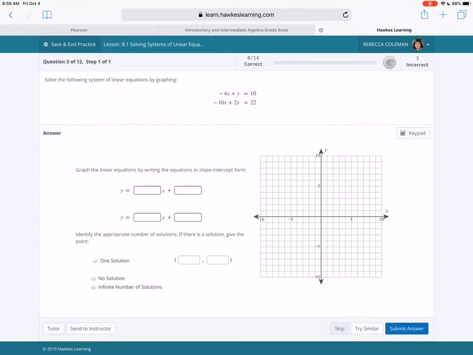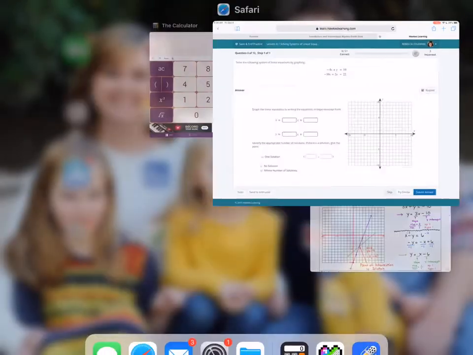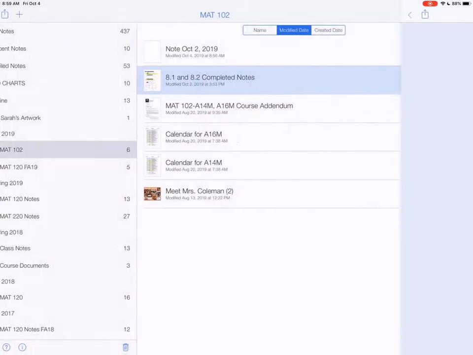All right, so let's take this particular problem just for example and look at how I would work through this in Hawks. Notice it asked me to solve for y in each equation because that will give me the slope-intercept form. So if I do that first, I have -4x plus y is equal to 10.